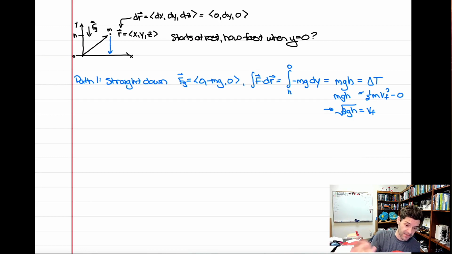Technically plus or minus the square root of 2gh, because again, this does not tell me the actual direction. I have some intuition that it's going to be moving downward, so I might actually put a negative sign out front, knowing it's going to be the negative solution that matters in this case. But the work energy theorem wouldn't necessarily tell me that unless I had some other additional insight.